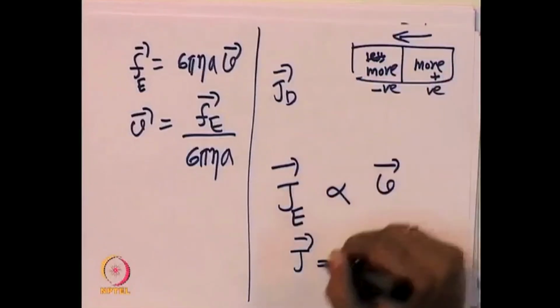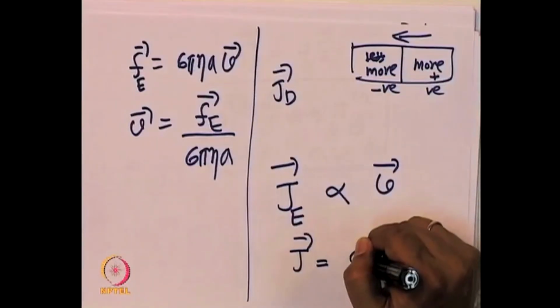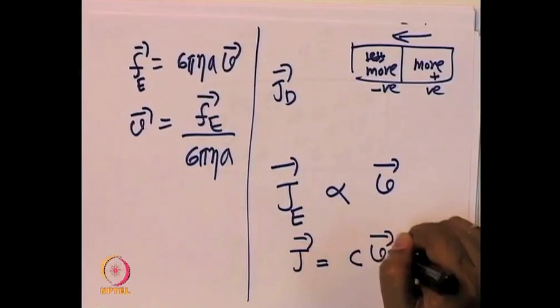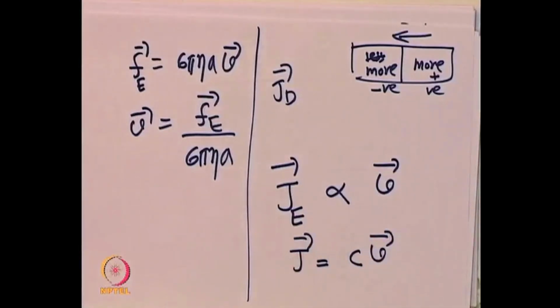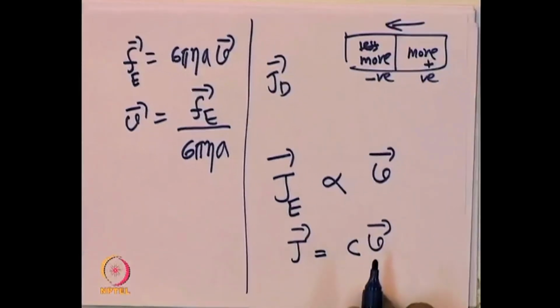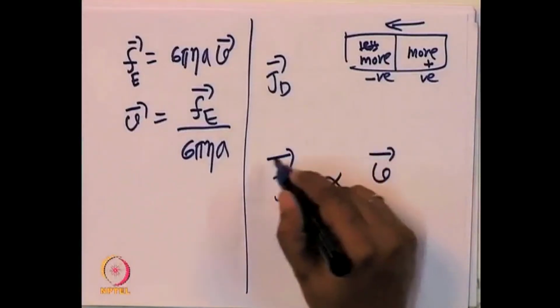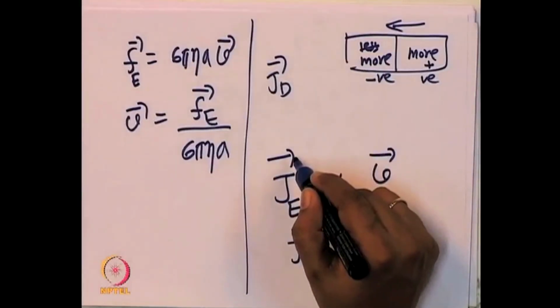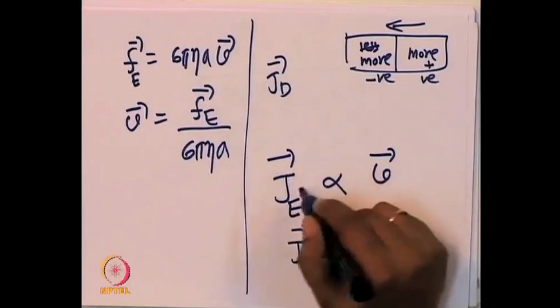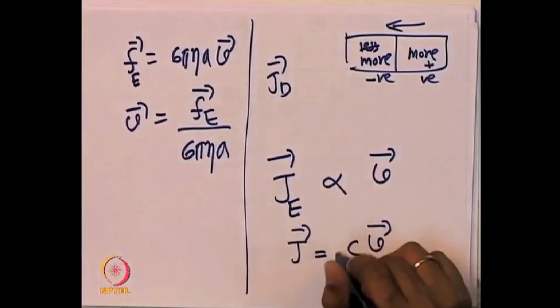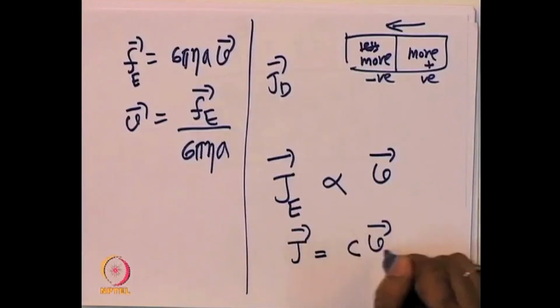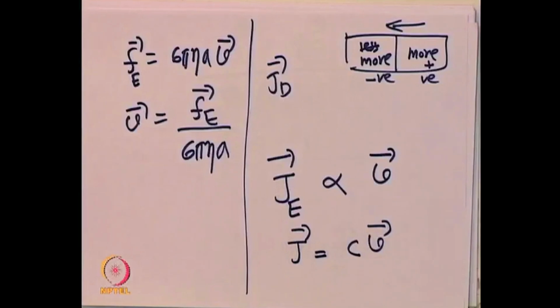At any point, the flow will be the concentration at that point times the velocity at that point. If you do not understand how the C is coming, just look at the dimensions of velocity and current J, and you will see that they are related by C v. Okay, now, knowing this, let us look at the slide.